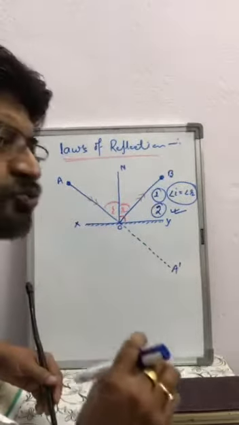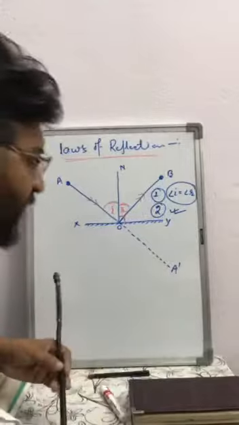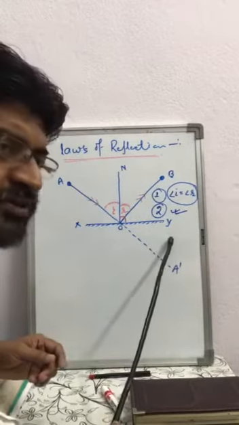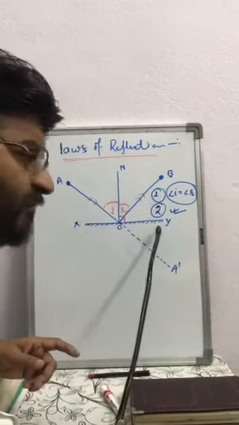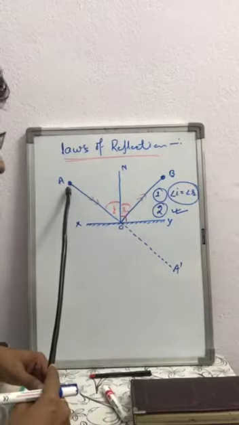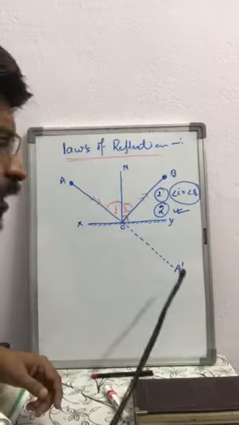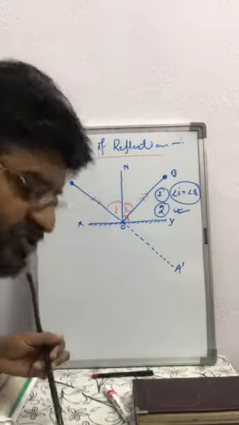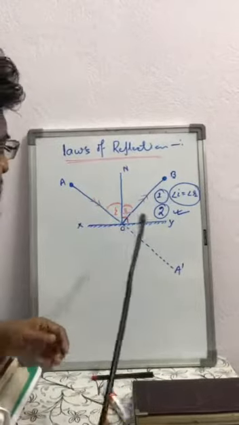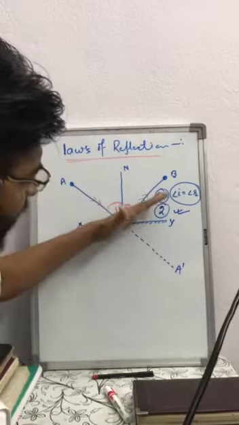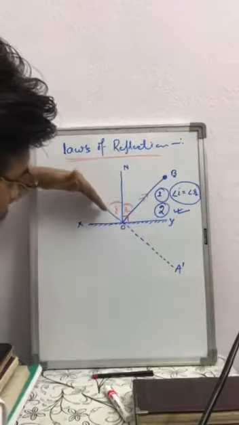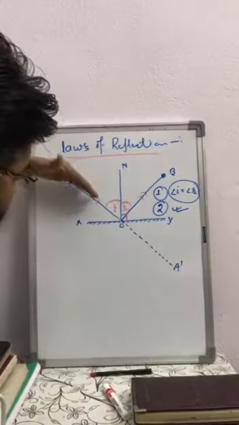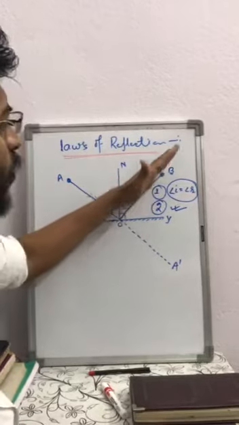This is the actual path of the incident ray. Hence, we can say that in the absence of the smooth reflecting surface, in the absence of XY, the incident ray just goes along the path A, O, A dash. But in the presence of the XY surface, it moves along OB. In the presence of the XY surface, the ray just moves along OB.